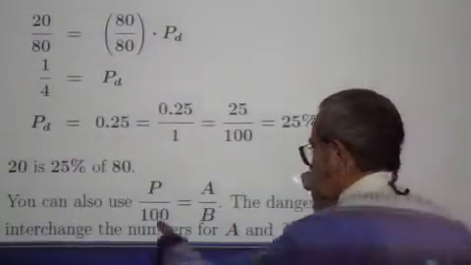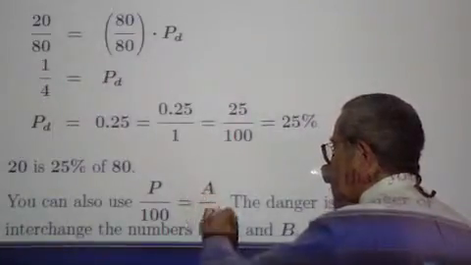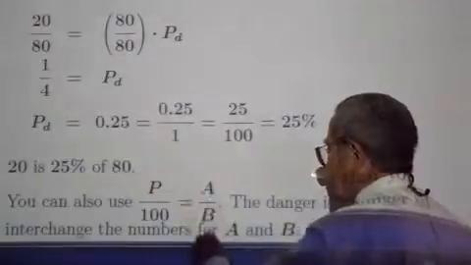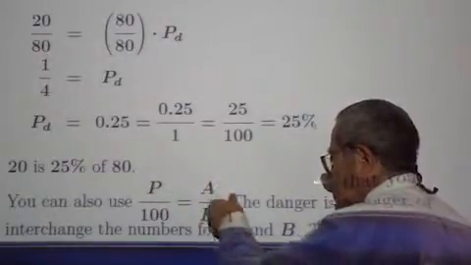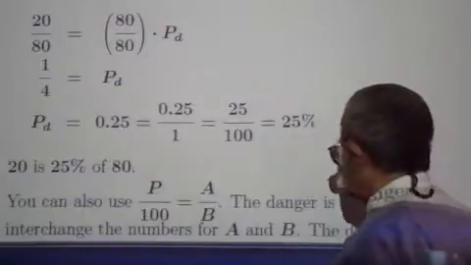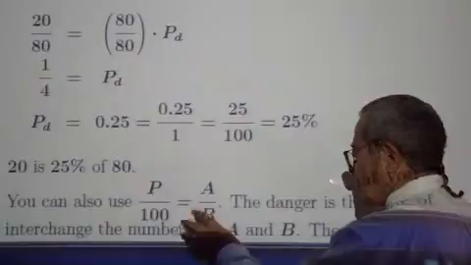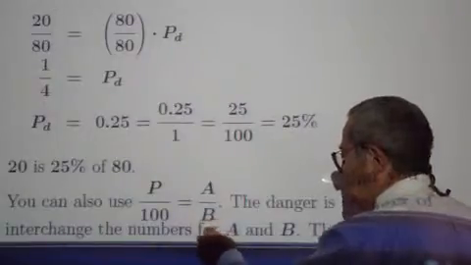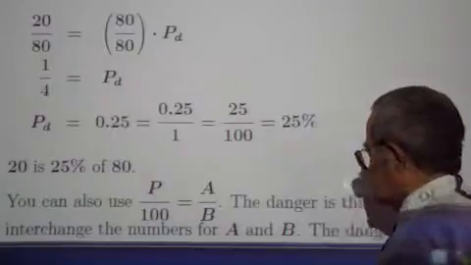You can say P is to 100 as A is to B. The danger is when you're given A and B, like in the last problem, you may divide by the wrong numbers. You may get the reciprocal of what you need. If you remember that the B has an of with it, amount is percent of base, the of number goes in the denominator, you can keep yourself straight.